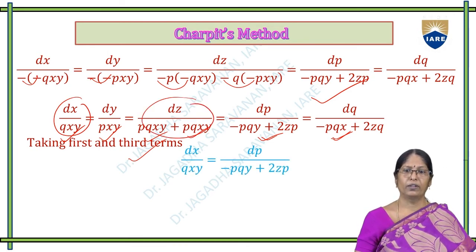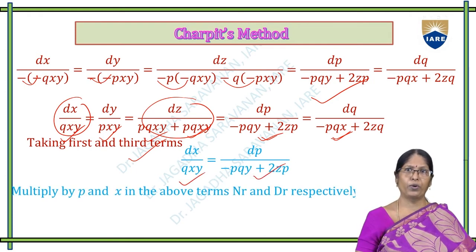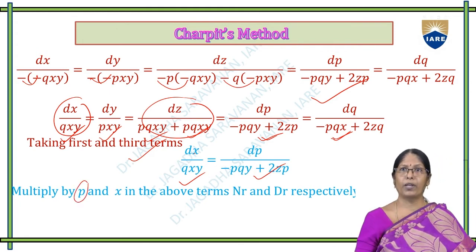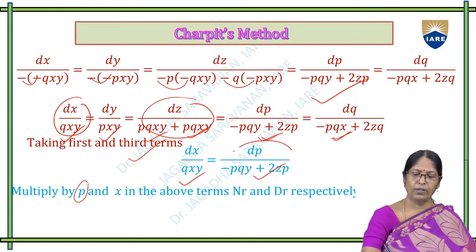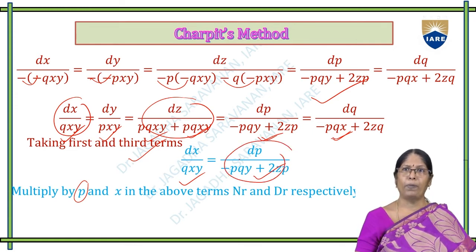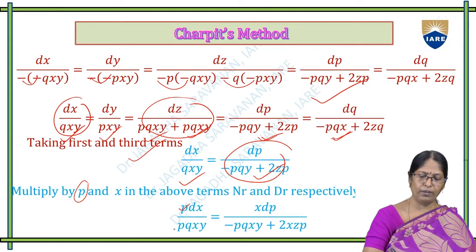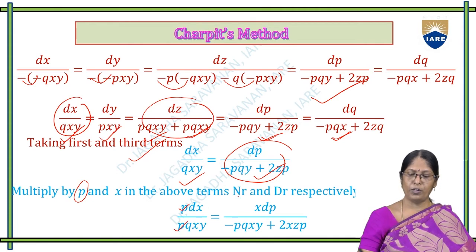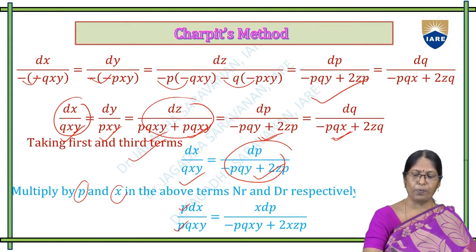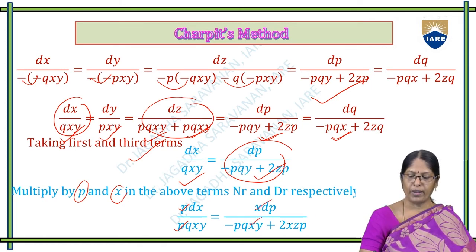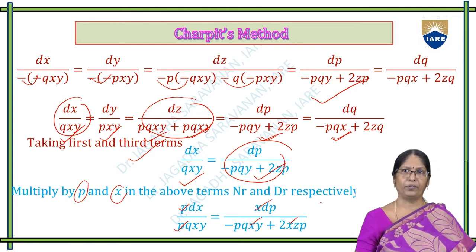The simplification we are going to do: the first member, up and down we multiply by p, and the third member, up and down we multiply by x. So we multiplied here p, whereas the third member x to be multiplied by x. Here also x is multiplied, here also x is multiplied.